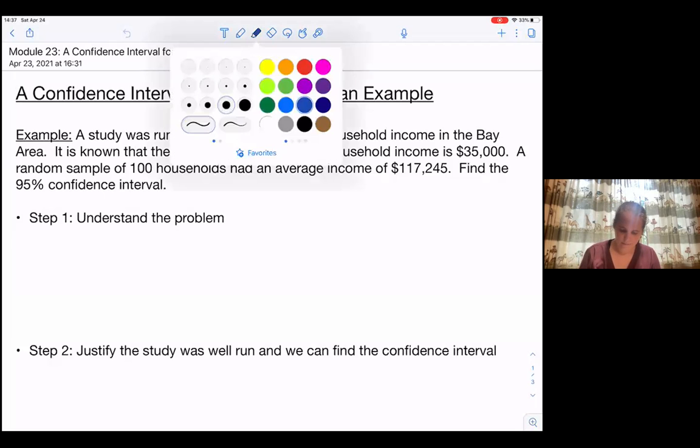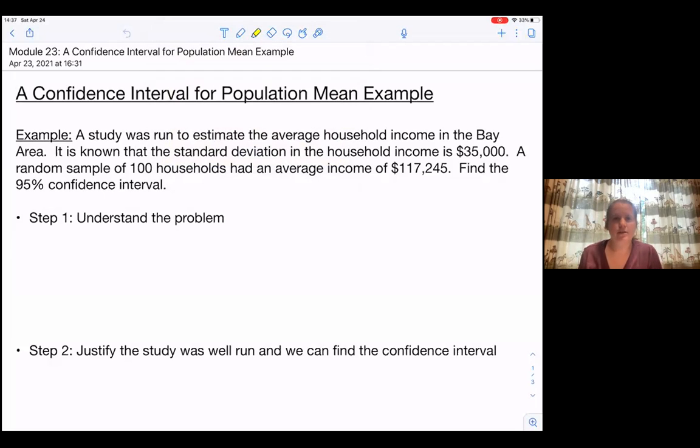So first thing we want to do is just understand the problem. We are trying to estimate the average household income in the Bay Area. Immediately we're trying to estimate, and that tells us that we are doing a confidence interval.